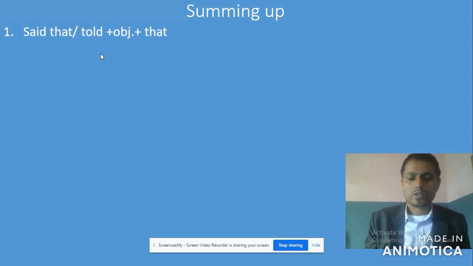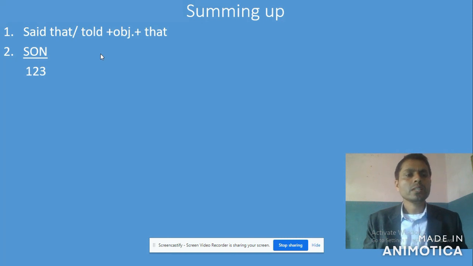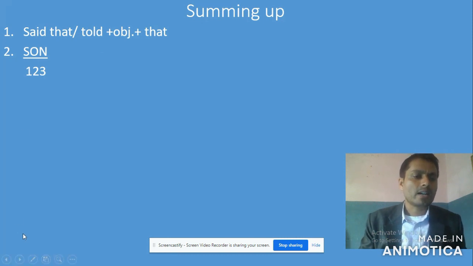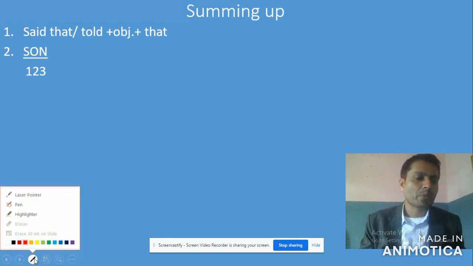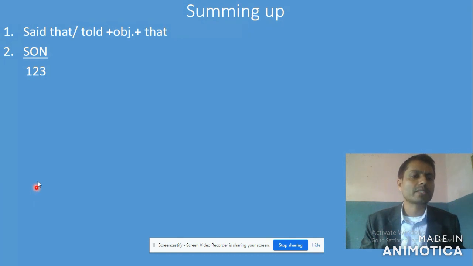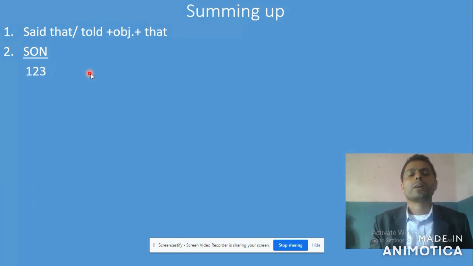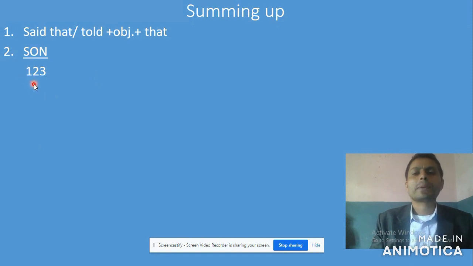Look at number two. While replacing the pronoun, you have to remember the rules for how to change the pronoun of reported speech. According to that, "SON", what an interesting mnemonic we can create ourselves.